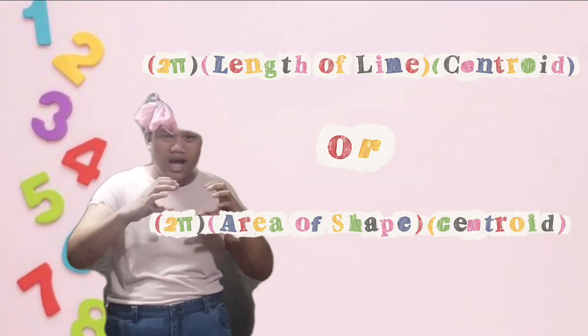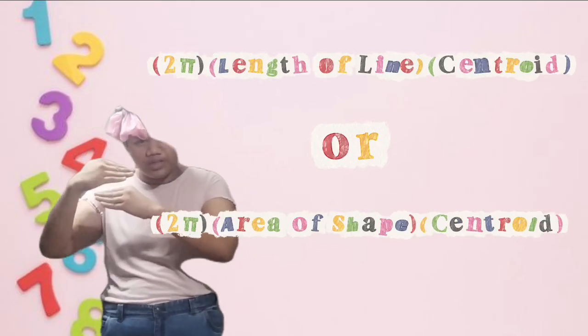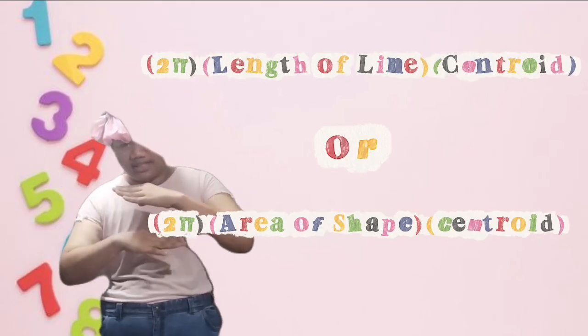Next, you multiply 2 pi, its area, and its centroid with respect to the point of the axis.